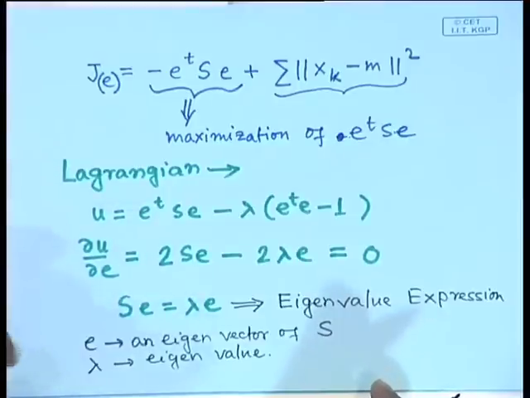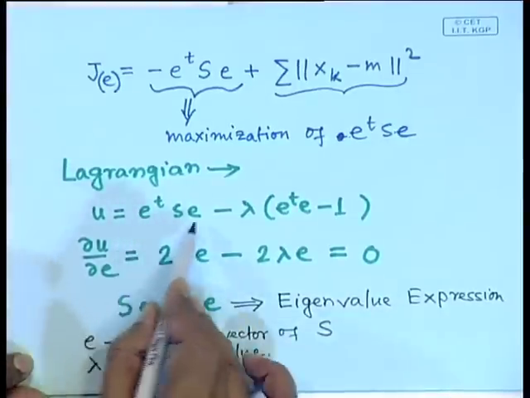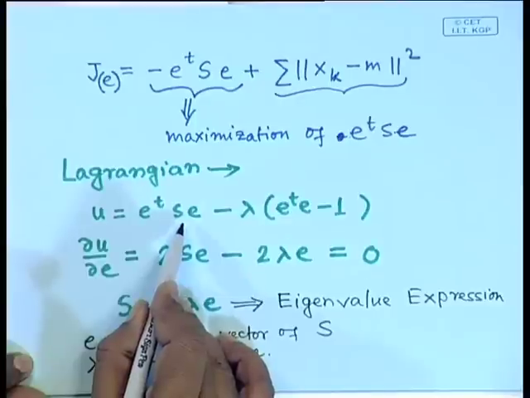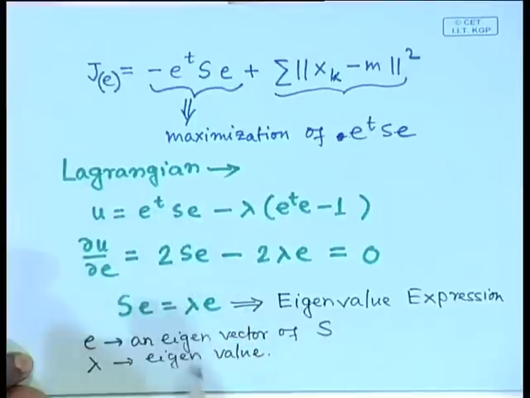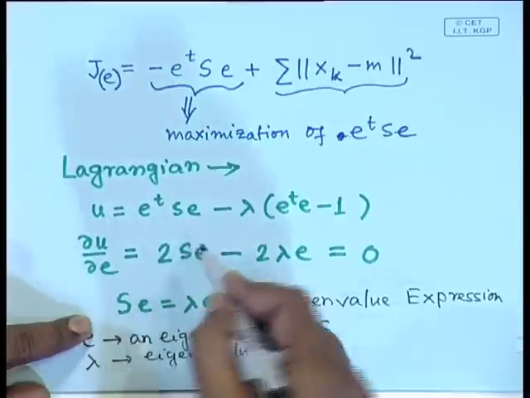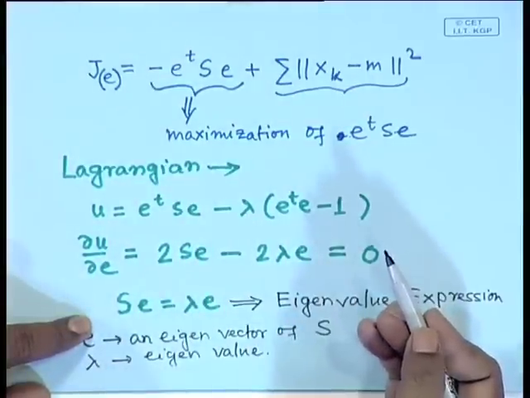Okay. And now you remember that I have to maximize, or the aim is to maximize E transpose S E, right, where S E is equal to lambda E. That means, I have to maximize E transpose lambda E. Our constraint is modulus of E is equal to 1.